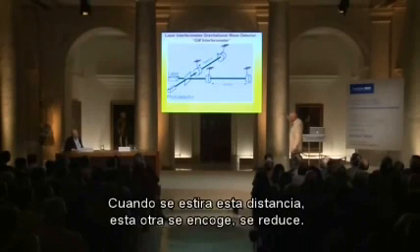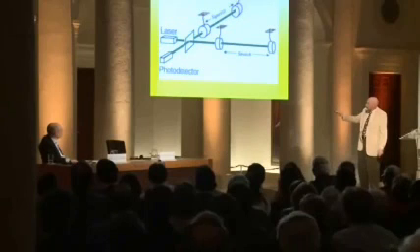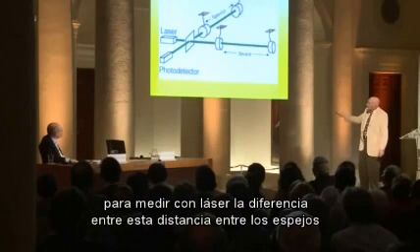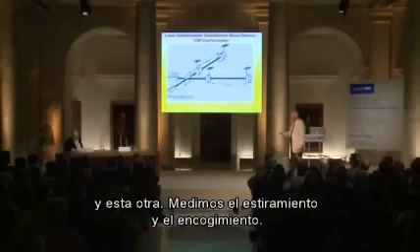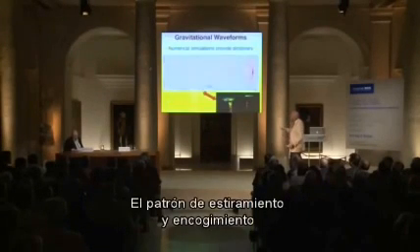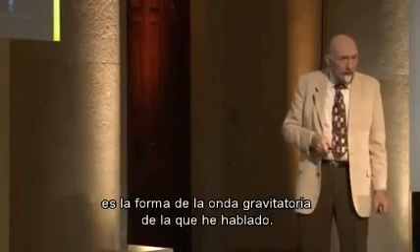When this distance is being stretched, that distance is being squeezed, it's being reduced. And so we use a technique called laser interferometry to measure with laser beams the difference in this distance between the mirrors and that distance. We measure the stretching and squeezing. Now, the pattern of stretching and squeezing is the gravitational waveform that I spoke about.